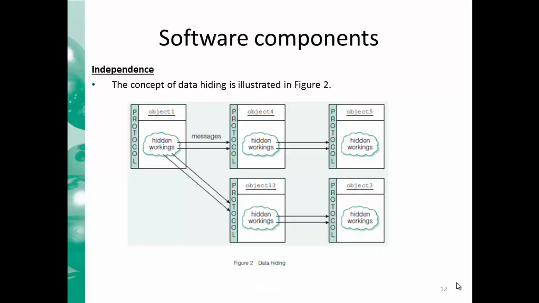As you can see in this diagram, the messages are sent to the protocols, where the workings are hidden within the class. So the integrity of data is kept and the data itself is protected.